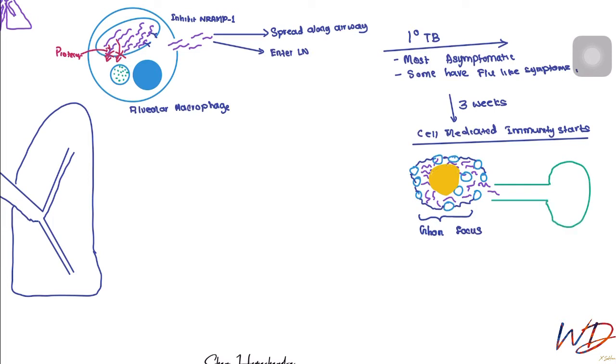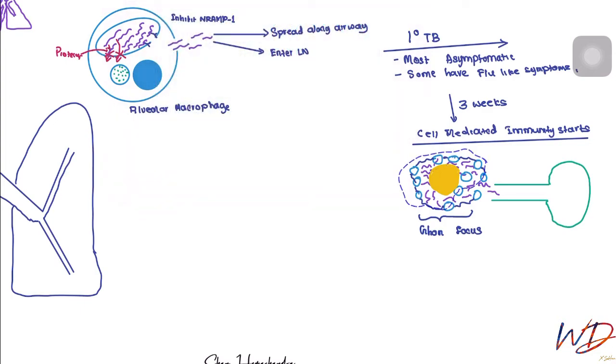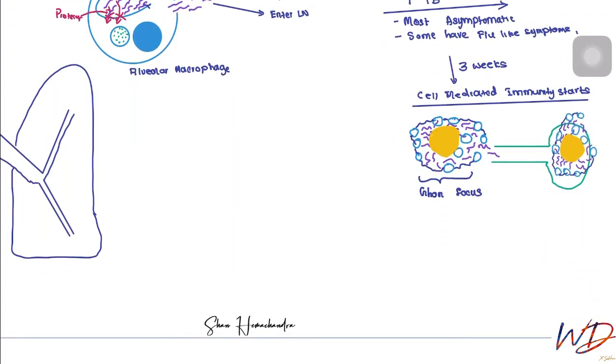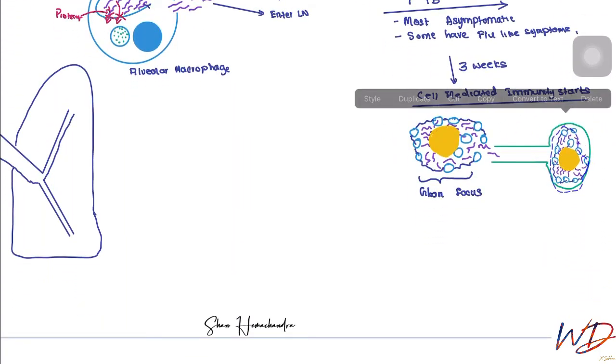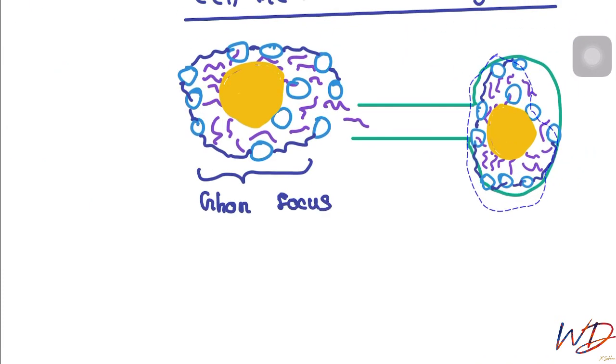This is a lymph node, and the same process, the same situation will happen there. So the lymph node is basically filled with this whole structure, as you can see here.